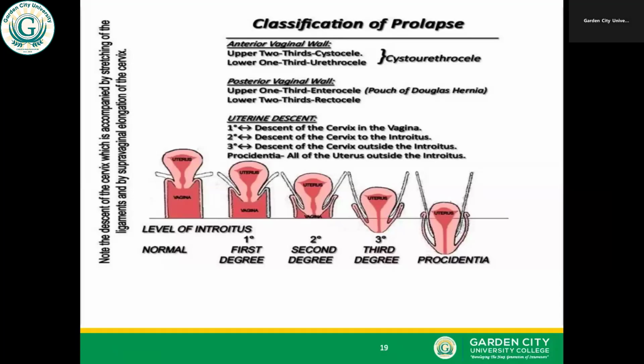With the third degree, the whole of the cervix and part of the uterus have gotten into the vagina, and it's even out of the vagina. And with the procidentia, which is the last one and the severest form of it, the whole uterus, aside from the fundus, is out of the vagina. So you can visibly see it.